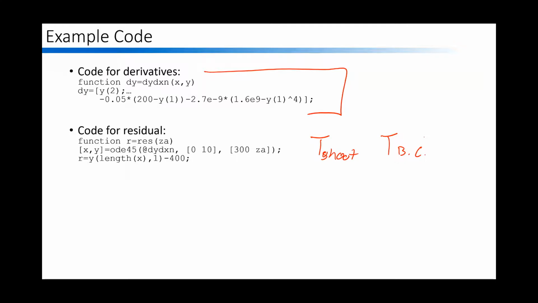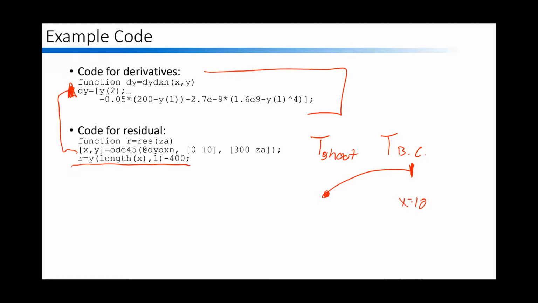Okay, so first we're going to solve out that ODE, right? We're going to use an ODE solver to project forward. So given some sort of guess, it's going to project forward, find out where that temperature is at x equals 10, and then I find out how wrong my guess was.